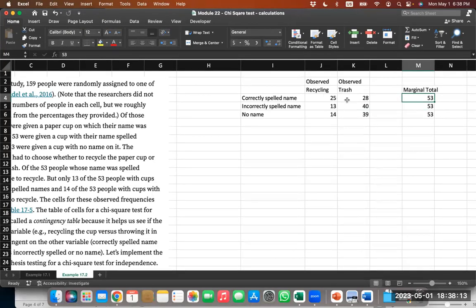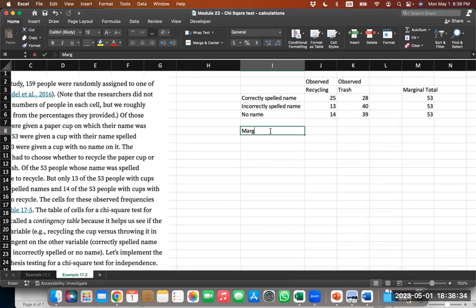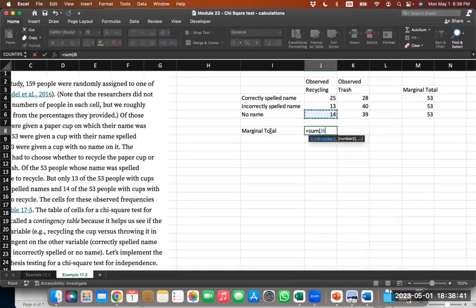And then you basically see whether there's a difference between these groups. And this is basically what drives our decision, whether there's an association with recycling your cup and printing a correct name on it or not. And the marginal totals are important on this quantification because this is your denominator. So marginal total here is the sum of these three entries.